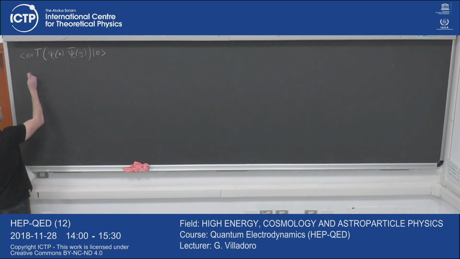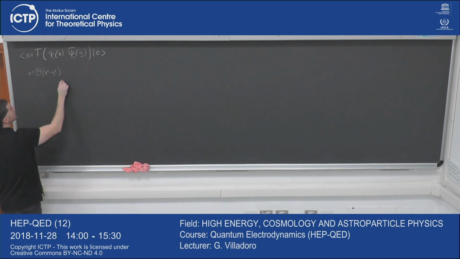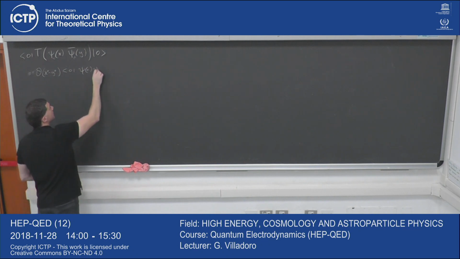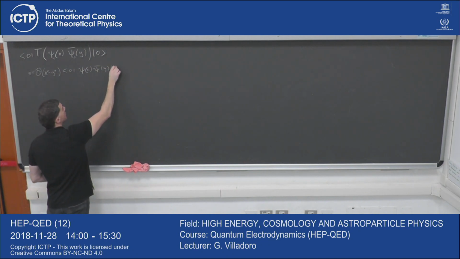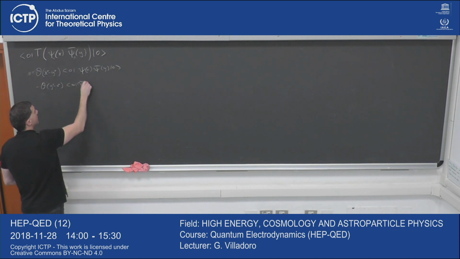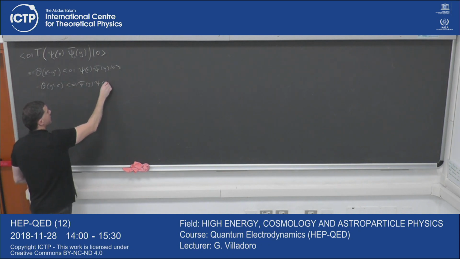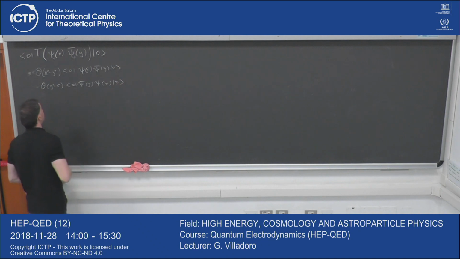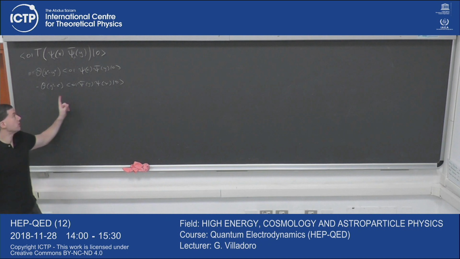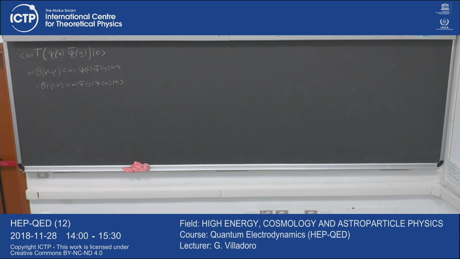So by definition, this object is theta of x naught minus y naught times the product of psi of x, psi bar of y, minus theta of y naught minus x naught, psi bar of y, psi of x. So when y naught is in the future of x naught, not only do you exchange the positions, but you also add the minus sign. Okay?